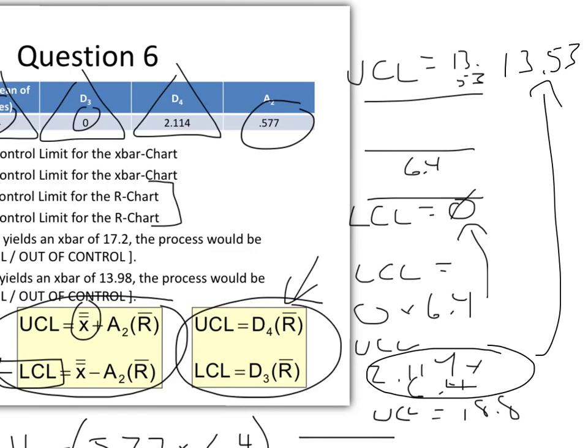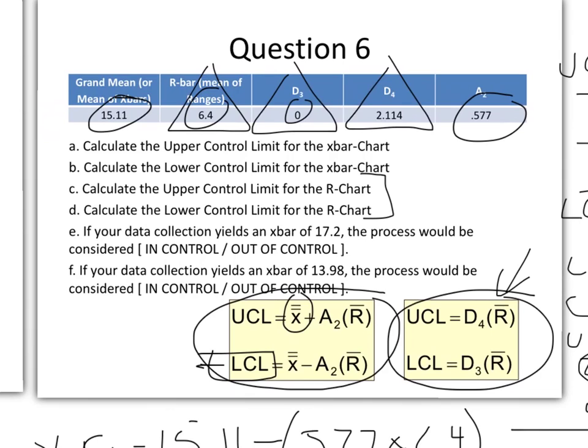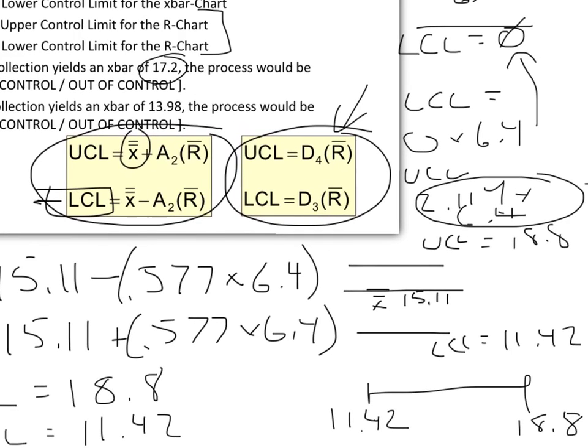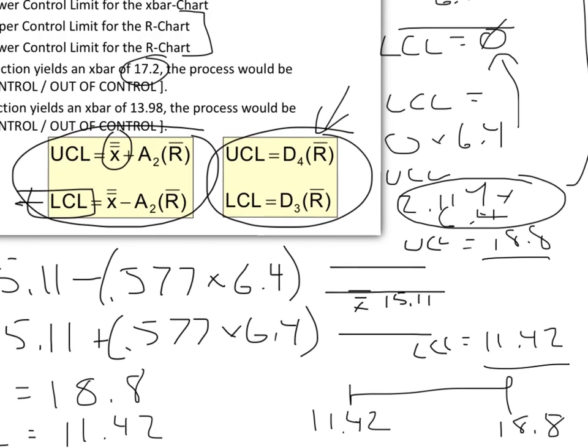All right. So we've answered these first 4 parts of the questions. Now we're given some interpretation. If your data collection yields an X-bar of 17.2, would the process be considered in or out of control? If we look back at what we calculated here, we had an upper control limit of 18.8 and a lower of 11.42. 17.2 would be somewhere above the grand mean, but it's not out of control.